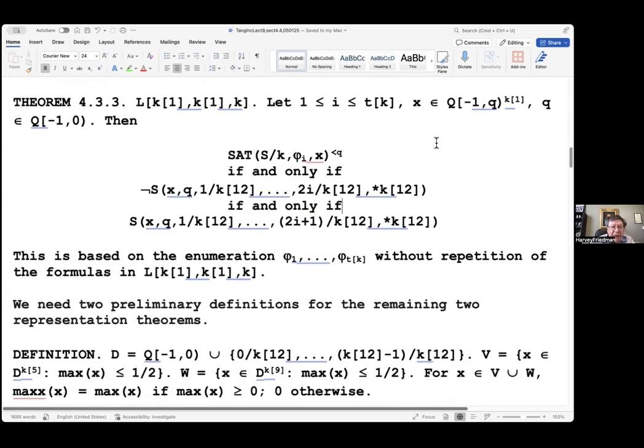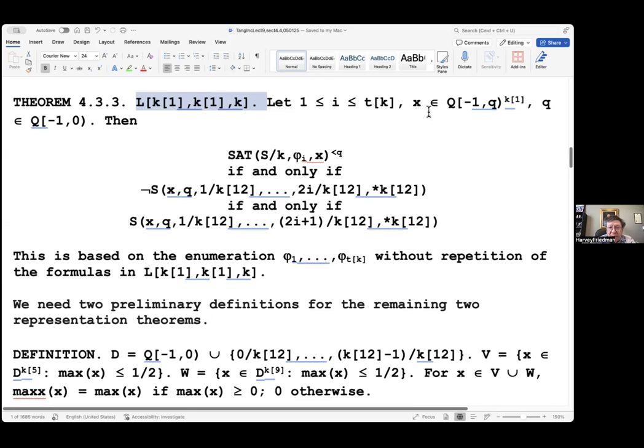The first of the 3 theorems is the representation theorem for this language. Basically, it says that if you have a formula in this language, phi I, so this indexes the formulas, T of k is the number of formulas in this language, which is finite.